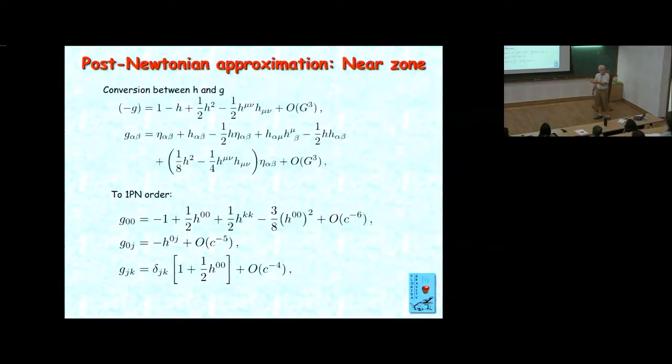But then later, with the slow motion assumption, you can relax that, or you don't need that for slowly moving bodies. So you can either do it at the end of the calculation, once you decide what kind of system you're working on, or you can incorporate it as you go along, which is what we're going to do here, just because you avoid generating a lot of terms that you don't need.